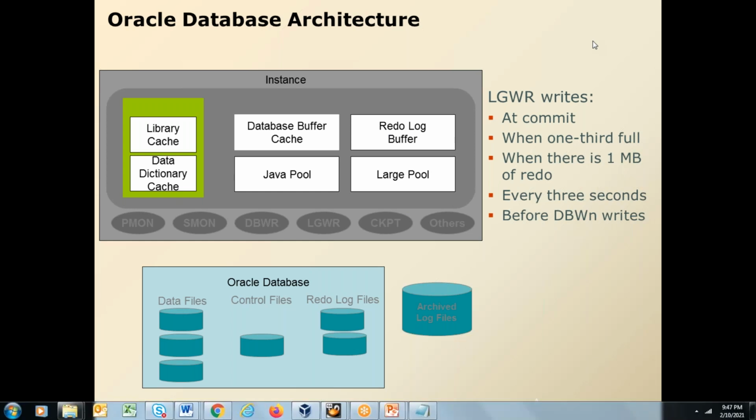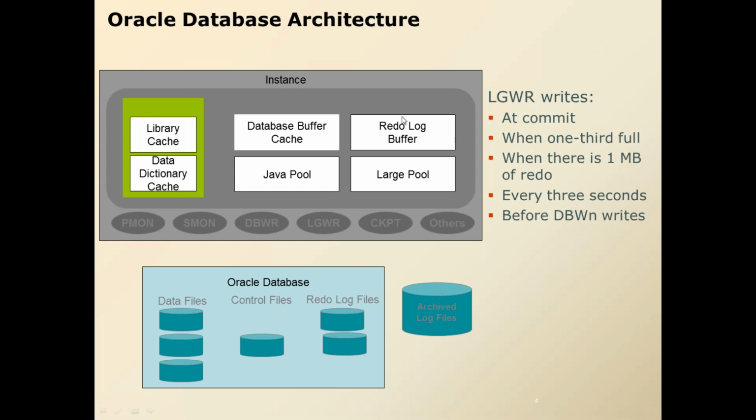The log writer process writes the data from redo log buffer to redo log file under these conditions. Whenever a commit happens, the data from the redo log buffer gets written to the redo log file by the log writer process. Or when the redo log buffer is 1/3 full. Or when there is 1 MB of redo.